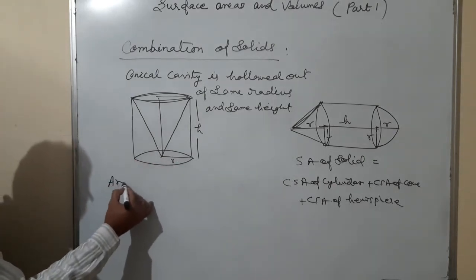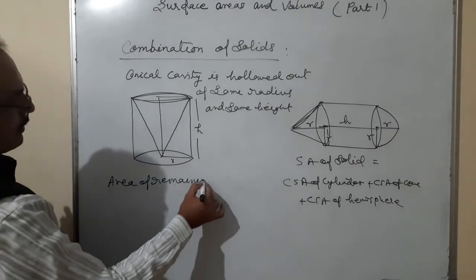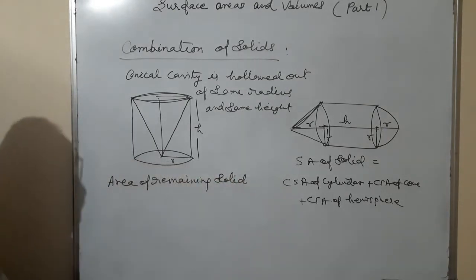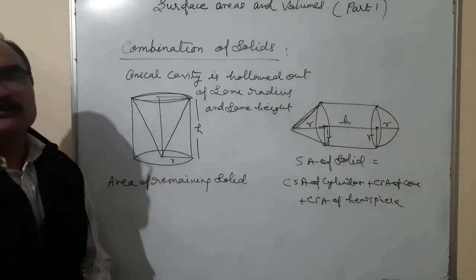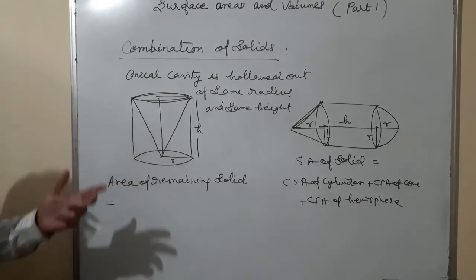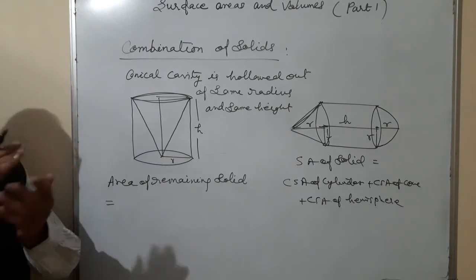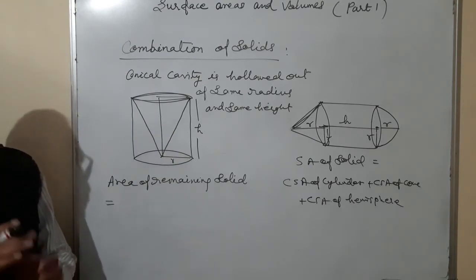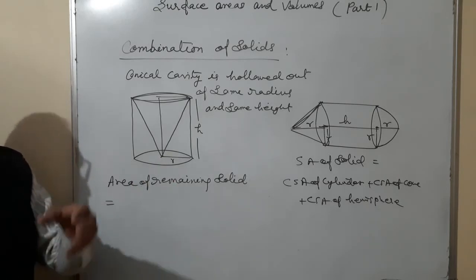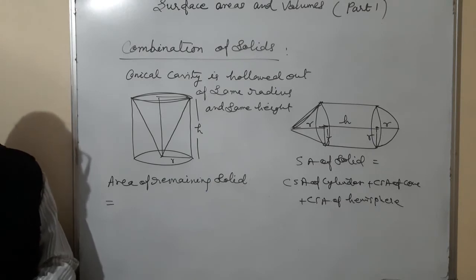Area of the remaining solid. What would be the area of the remaining solid? Now you can visualize, imagine that this is a wooden cylinder you have given to the carpenter, and you told him to hollow out one conical cavity of the same radius and same height from it.